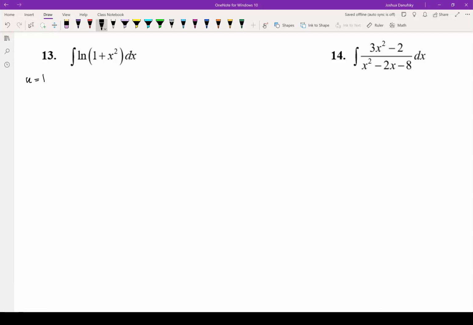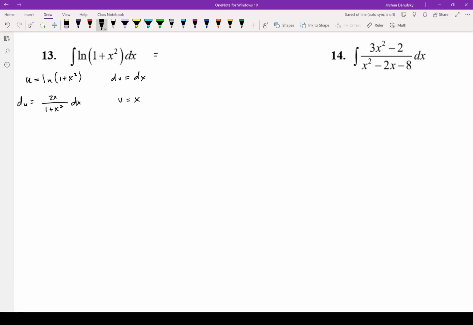So if u is equal to ln of 1 plus x squared, and dv is equal to dx, du is going to equal 1 over 1 plus x squared with a 2x from the chain rule in the numerator, dx, and v here is just going to be x.